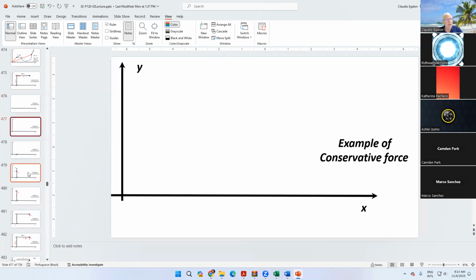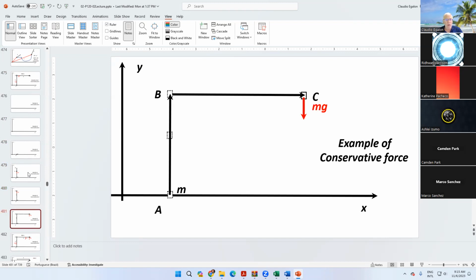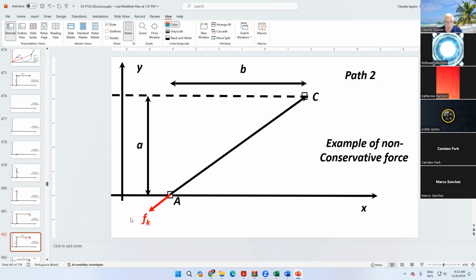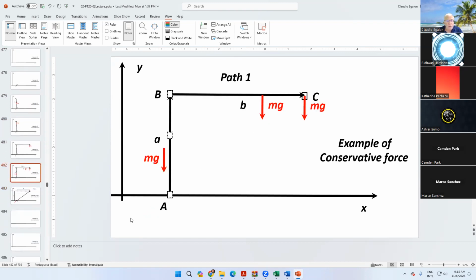X axis, Y axis, the mass at point A is going to move through path 1, first upwards, the vertical distance A, and then along the horizontal, from A to B, from B to C. I call that path 1. This distance is A, and the other distance, I'm going to do like that.